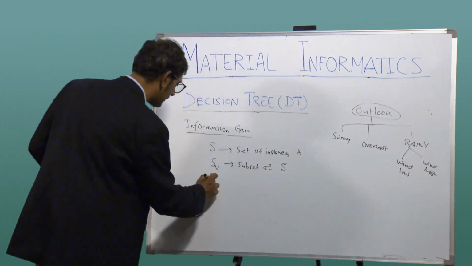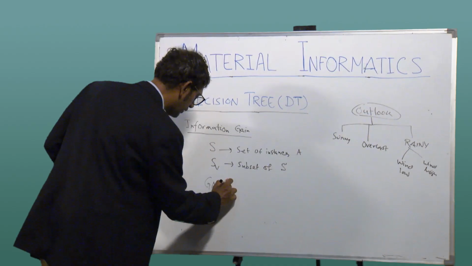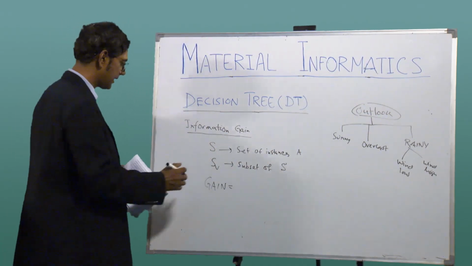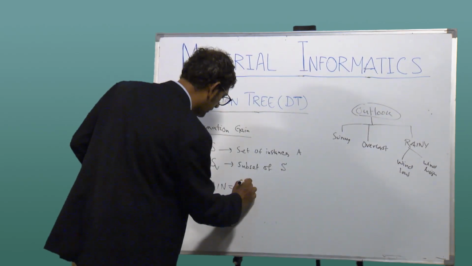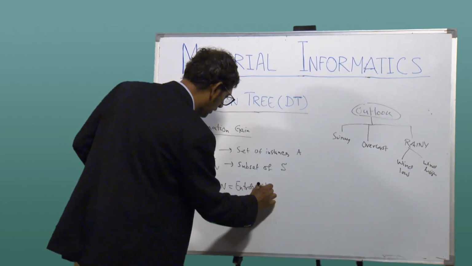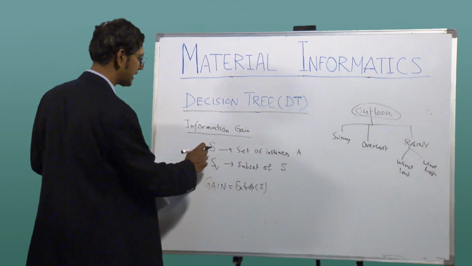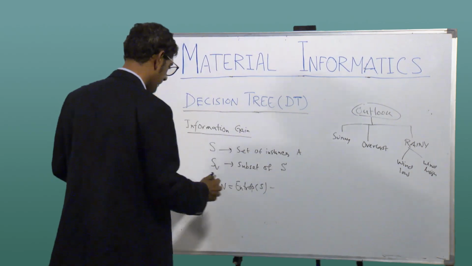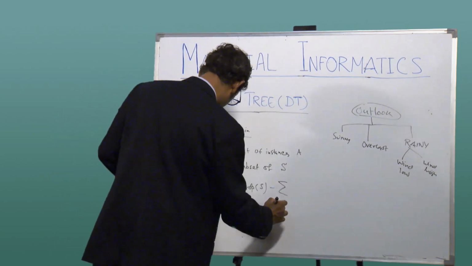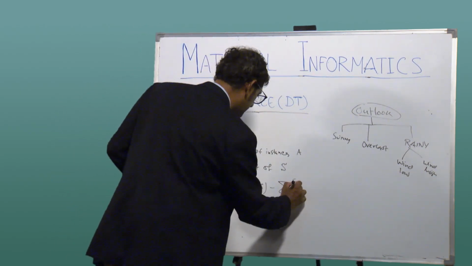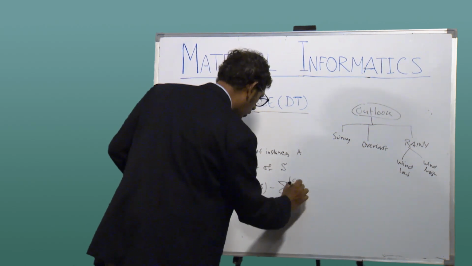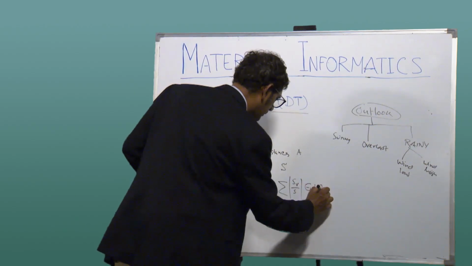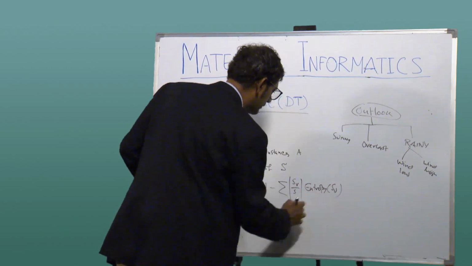So, then the gain. Because you split the data using the attribute, you create a new subset from S. Gain is nothing but the original entropy of S, the entropy of this set of data, minus the size of SV divided by the size of S, times the entropy of SV.